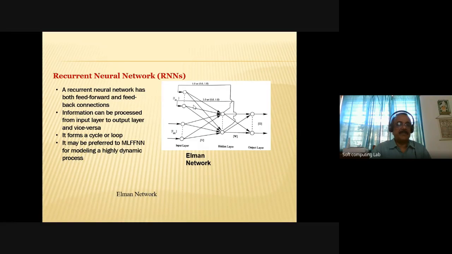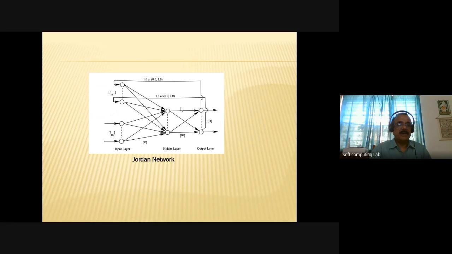Now, another very popular design is the Jordan network. Once again, we are passing some external input. You'll be getting the output here depending on the transfer function. Those outputs will be multiplied by the connecting weights. We'll be getting the input of the hidden layer, and depending on the transfer function, you will be getting the output of the hidden layer, which is multiplied by the corresponding connecting weights, and you will be getting the input of the output layer, and depending on the transfer function, the output.